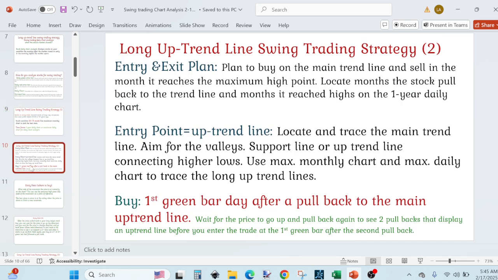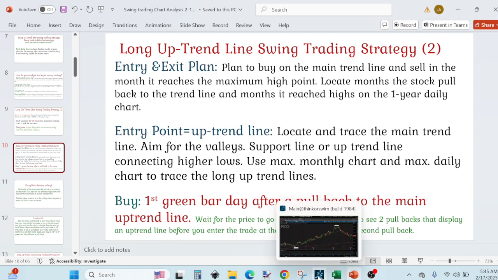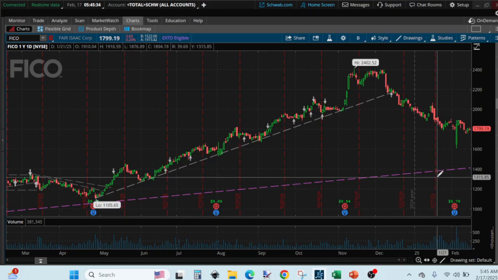And you use the daily chart, and the goal is to trace your long uptrend lines. Those are your entry points. Those are where you want to buy. You are not going to buy exactly at the line, but you are going to buy after the stock reaches that line and starts going up, pulls back, goes up and pulls back. So after you have about two or so higher lows, you get in.